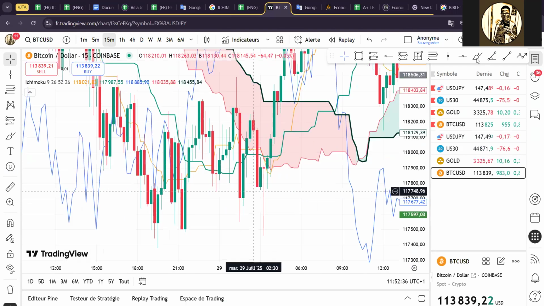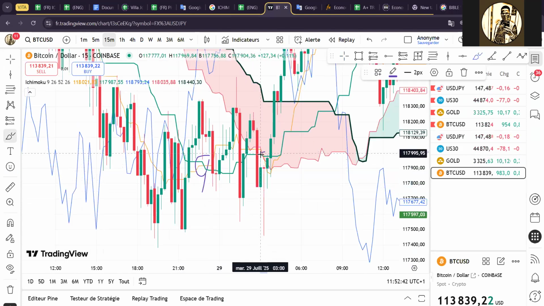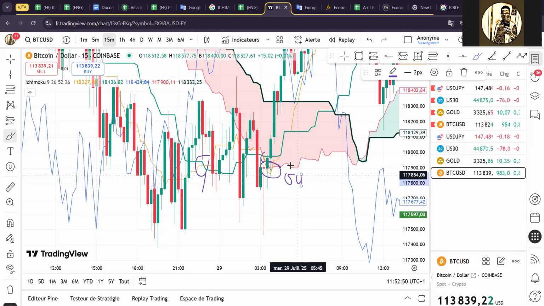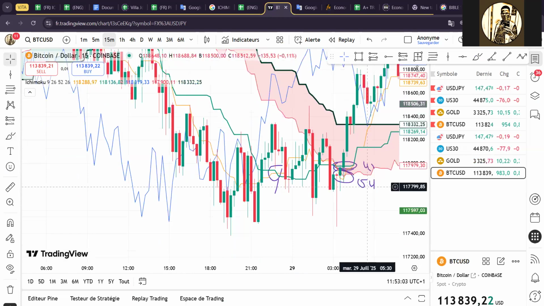What do we have here? A TK cross before the cloud first, right? Then Tenkan and Kijun enter the cloud. Then Tenkan alone gets out of the cloud. Tenkan goes out of the cloud below, making you think that the trend continues down, but Kijun stays inside the cloud, right?